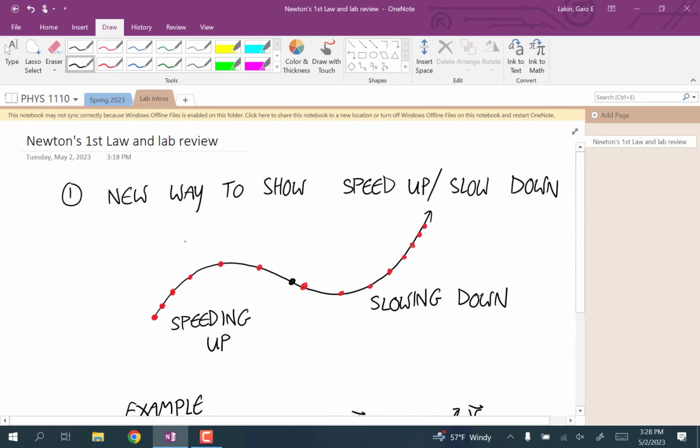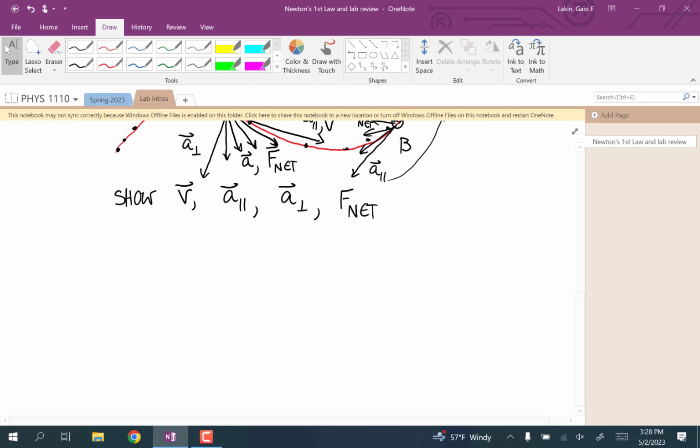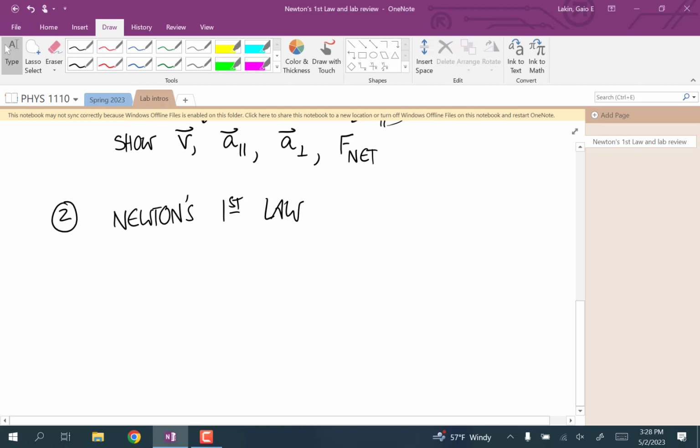Okay, so that was the first thing that's new in this lab activity. And then the second one is Newton's first law. And Newton's first law says if no net force is acting on a body, then the body moves with a constant velocity.